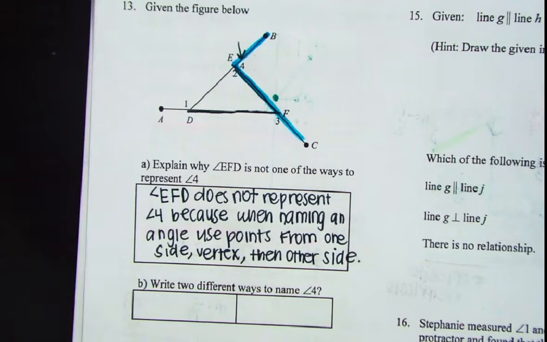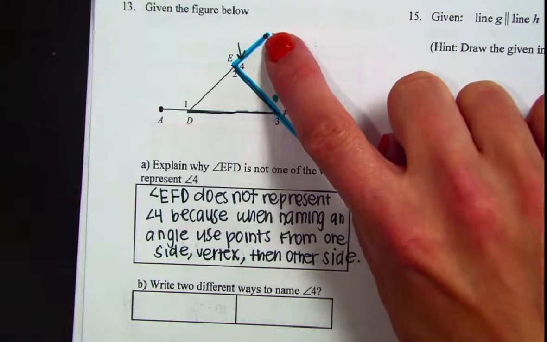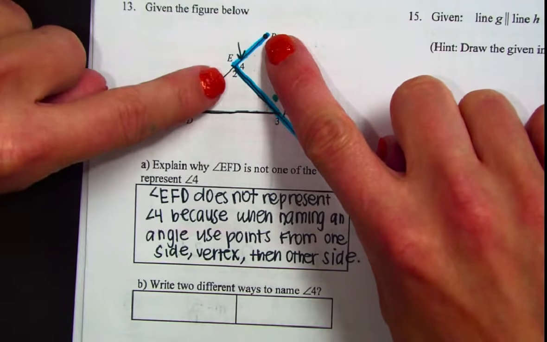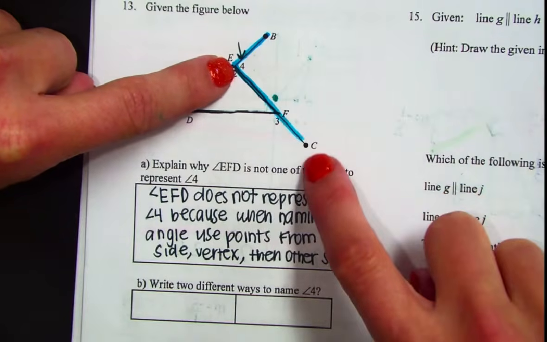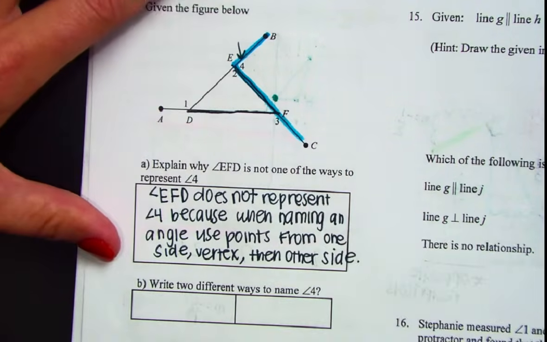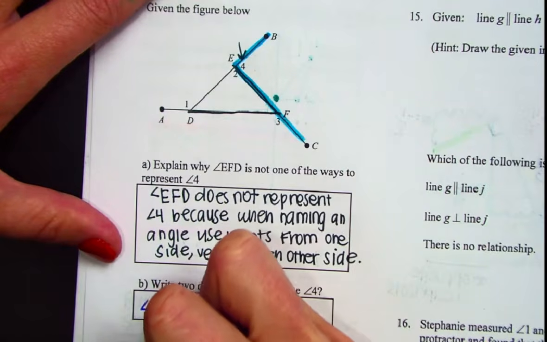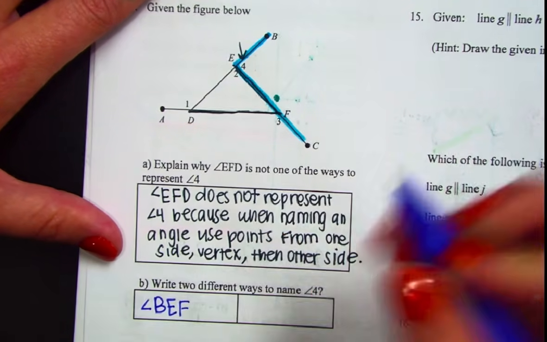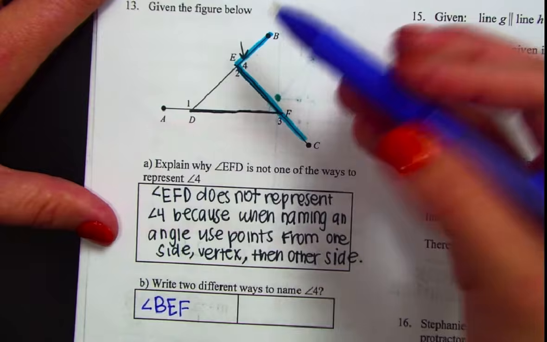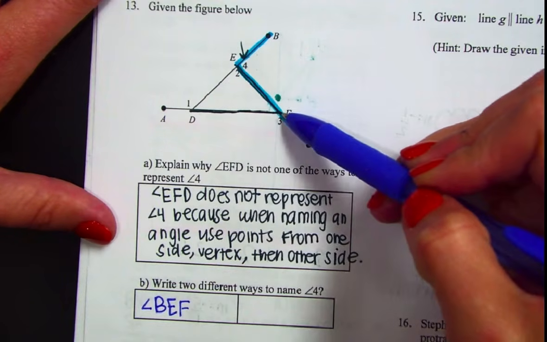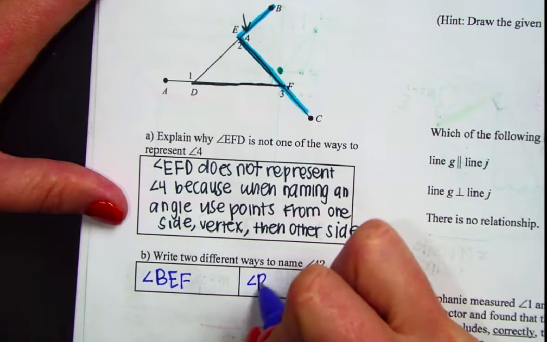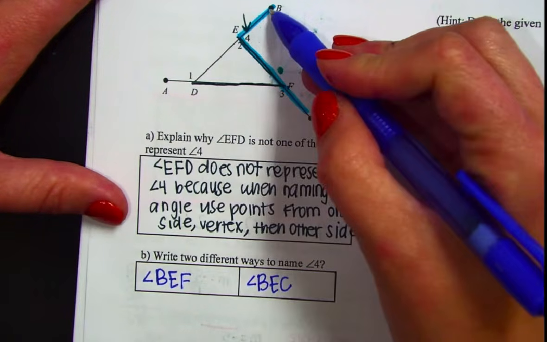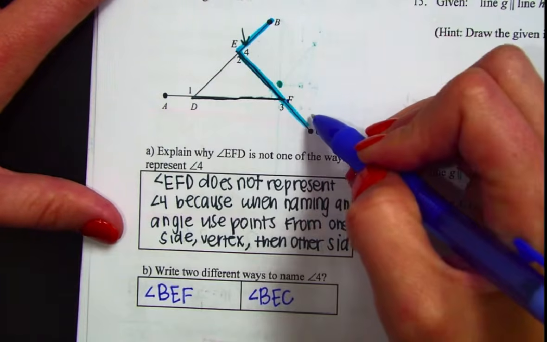When you name angle 4, you use a point from one side, like B, then the vertex, which is right here, E, and then the other side. So an example of that would be angle BEF. Again, side, then the point in the middle is the vertex, and then a point from the other side. Another way we can name that is angle BEC, again, side, vertex, side.